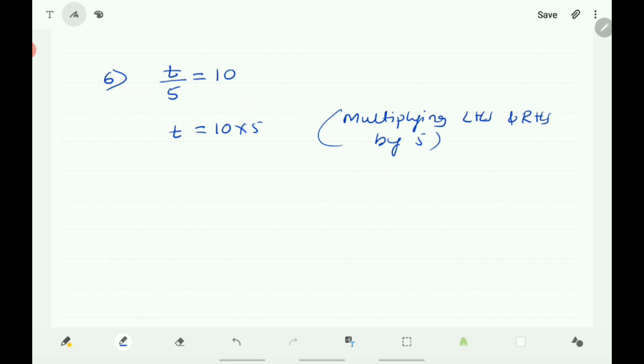So t by 5 is equals to 10 means t is equals to 10 into 5. So you will get t is equals to 50. T is equals to 50 is the solution. Here t is equals to 10 into 5 means indirectly both the LHS and RHS are multiplied by 5.